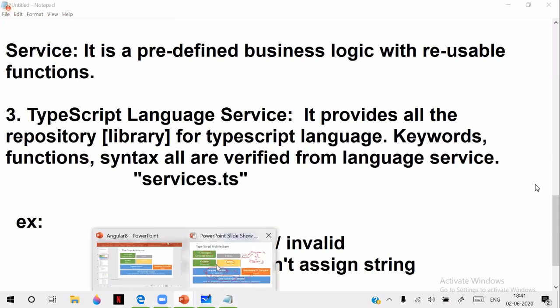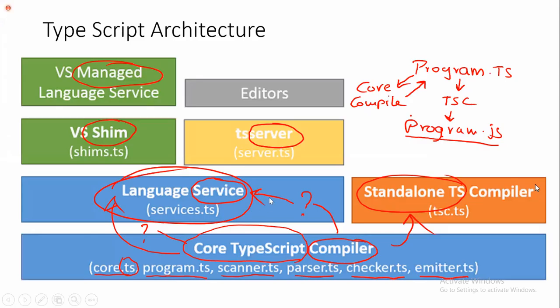So that is the purpose of a service. Whatever your compiler needs to verify and compile in the TypeScript language is provided by the language service. That is the concept of language service.